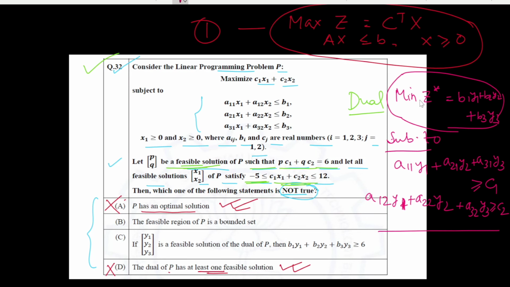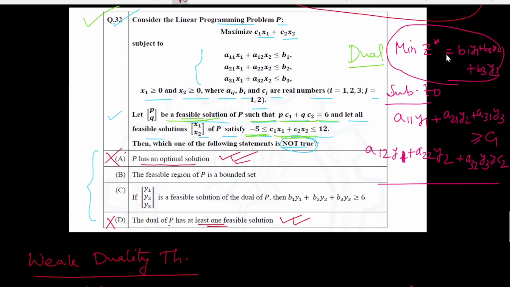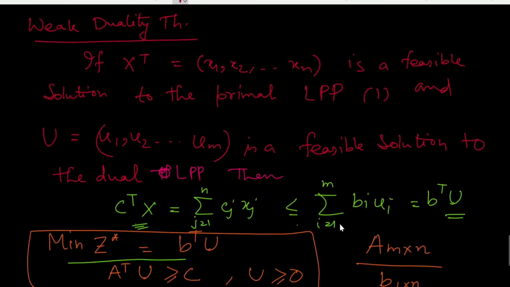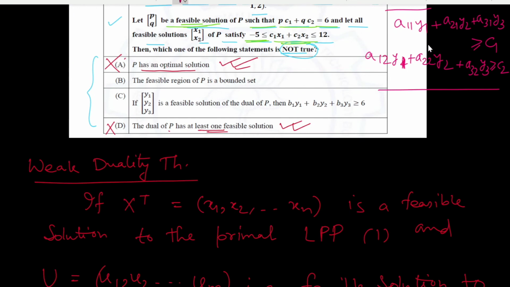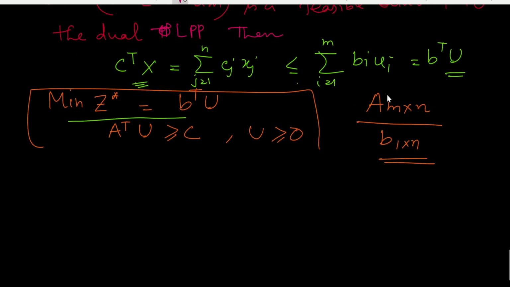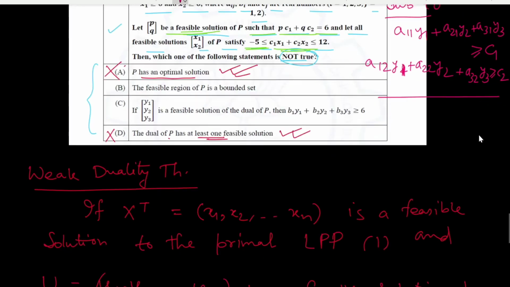Therefore this is C transpose X for the maximization problem, and this is less than or equal to summation bi ui, that is a11 y1 plus this, a12 y1 plus a22 y2 plus a32 y3.